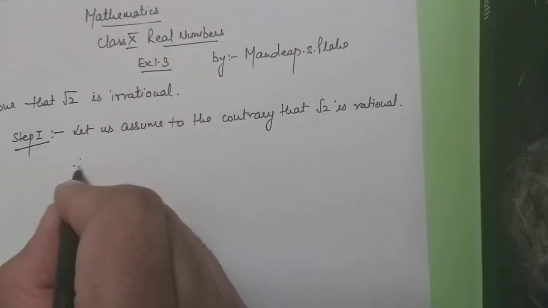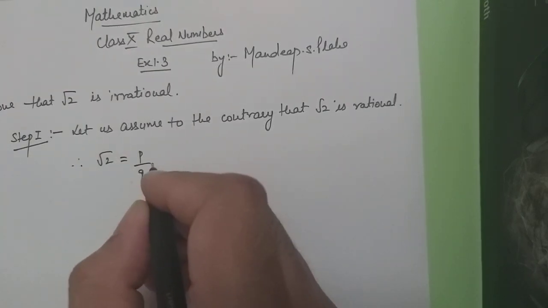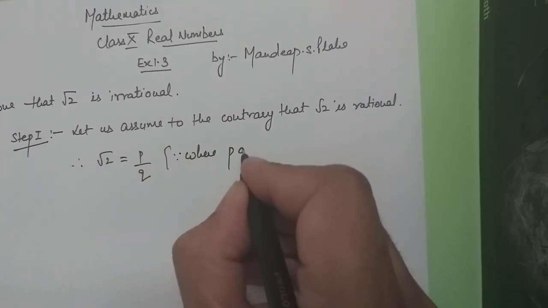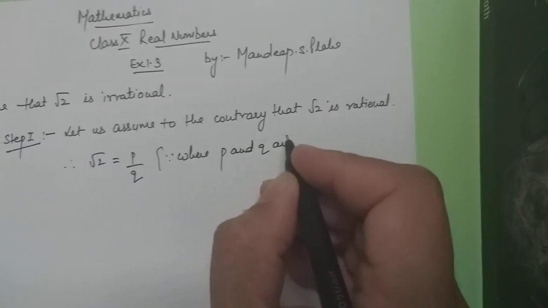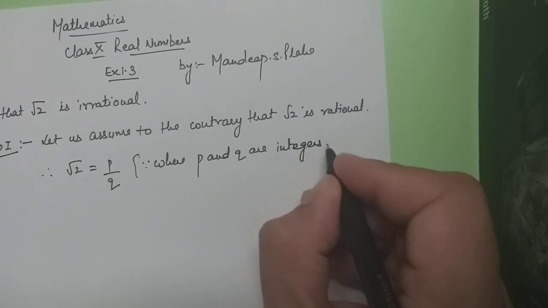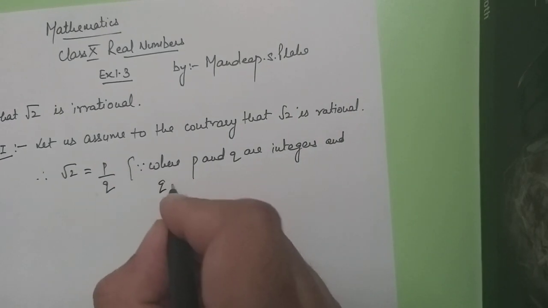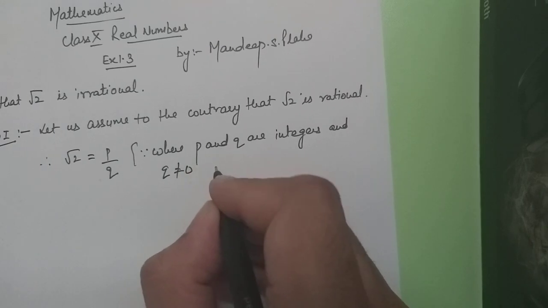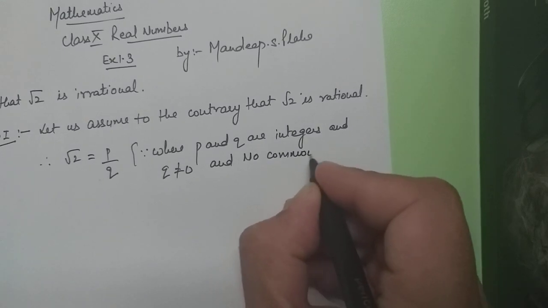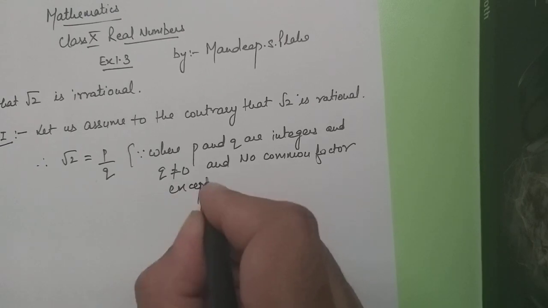If it is rational, we know that a rational number can be expressed in the form p by q, where p and q are integers and q is not equal to 0, and they have no common factor except 1.